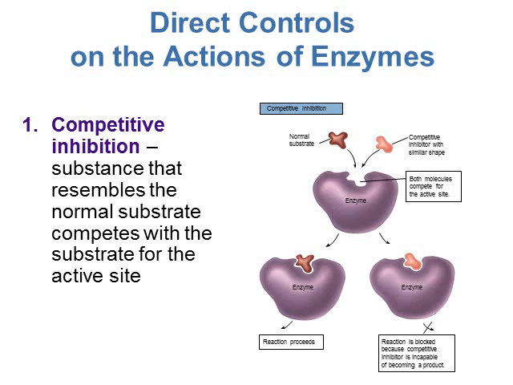Enzymes can actually be controlled, so there are two different direct controls on the actions of enzymes. There's something called competitive inhibition. This is where you have an enzyme, shown in purple, and then you have the normal substrate the enzyme works on, and then you have something called a competitive inhibitor that has a similar shape to the substrate.